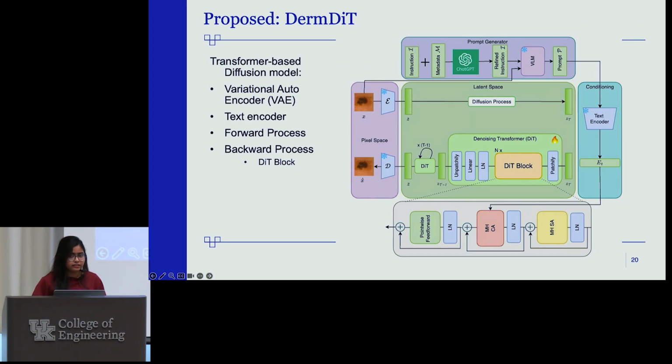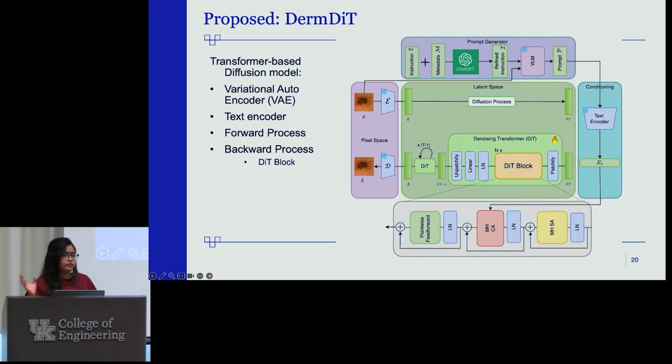So after generating the text prompts from dermoscopic images and their corresponding metadata, we train our diffusion model. Here we have used a transformer-based diffusion model. It has a couple of components. The VAE encoder-decoder. The VAE encoder converts a dermoscopic image from pixel space to latent space where the diffusion process takes place.